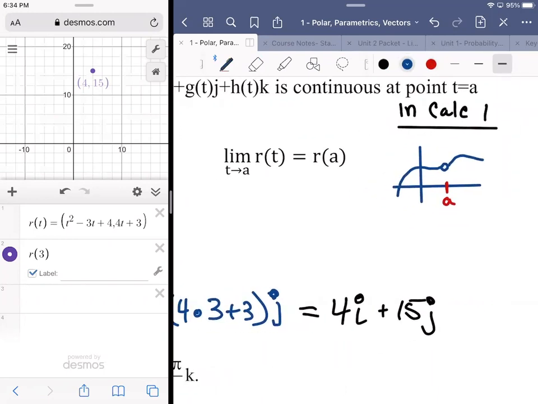The function doesn't exist. So if I call this function y equals f of x, this y equation is a function of x. So f of a does not exist.